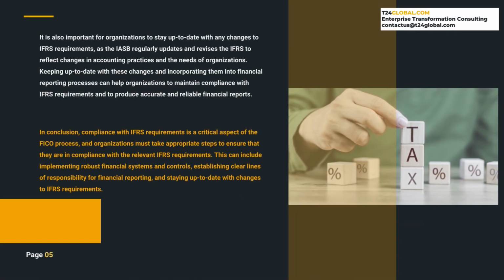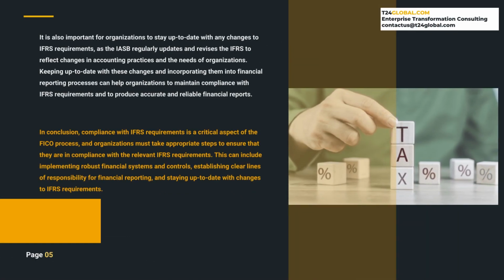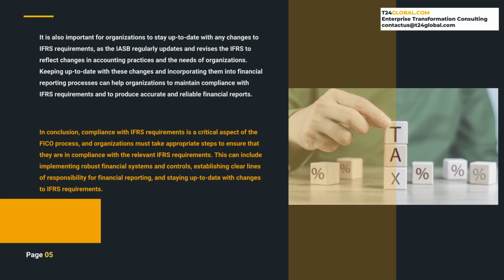It is also important for organizations to stay up to date with any changes to IFRS requirements, as the IASB regularly updates and revises the IFRS to reflect changes in accounting practices and the needs of organizations. Keeping up to date with these changes and incorporating them into financial reporting processes can help organizations to maintain compliance with IFRS requirements and to produce accurate and reliable financial reports.